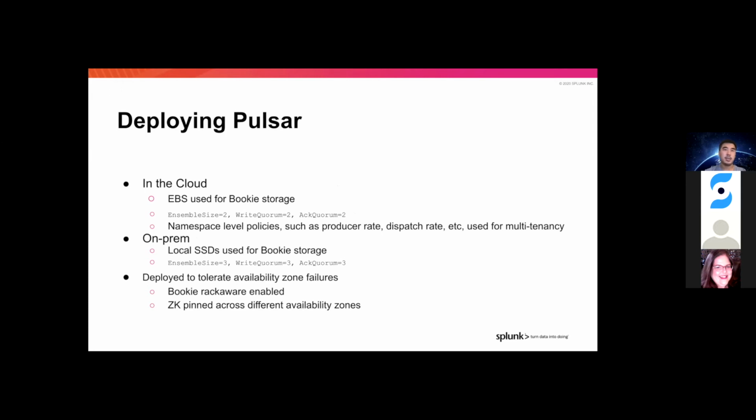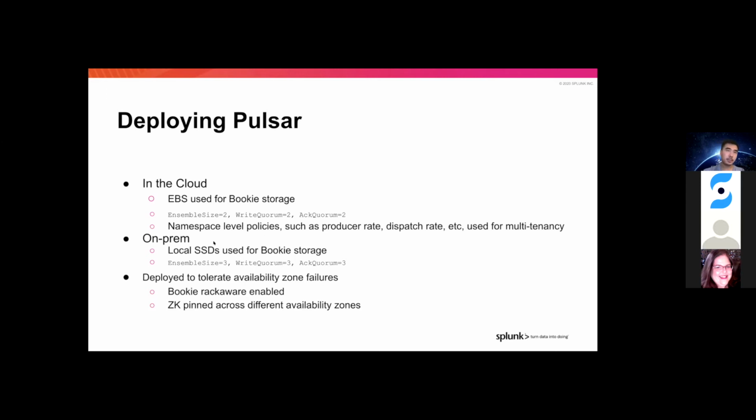Because EBS is replicated and fault tolerant, we've decided that it's good enough for our ensemble size, Y quorum and A quorum to just be 2, which means there are 2 replicas for the data written to Pulsar. And we're also leveraging namespace level policies such as producer rate, dispatch rate, and other quoting capabilities in Pulsar for multi-tenancy, as I explained, like SPS. And the cloud is a multi-tenant service.